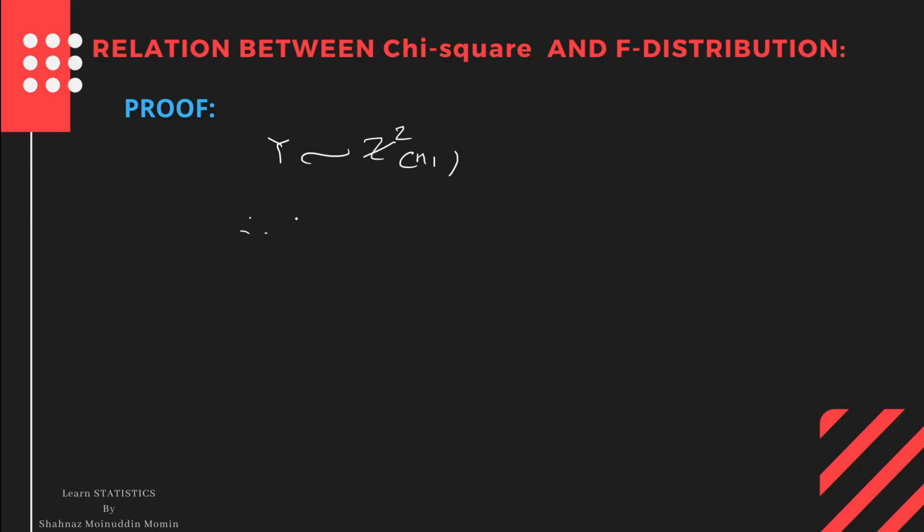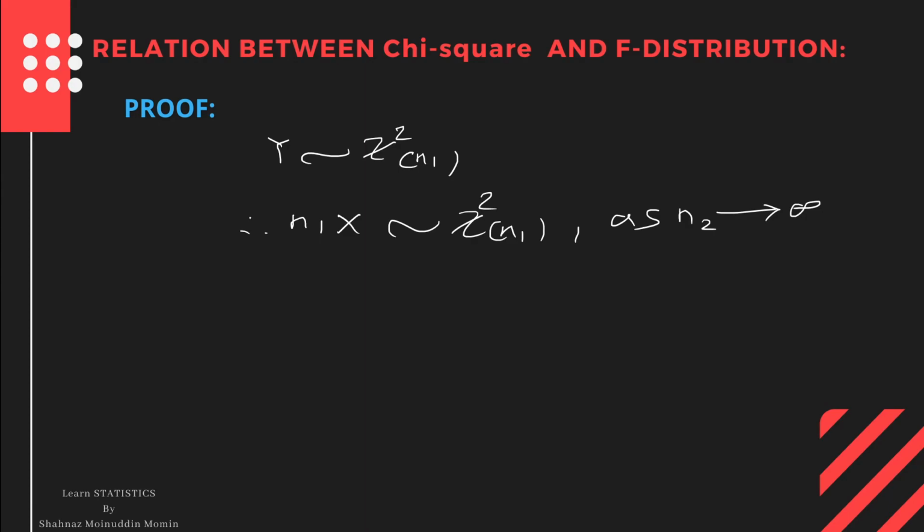Therefore, y, that is n1x, follows chi-square n1 when n2 tends to infinity. When the second degrees of freedom n2 tends to infinity, then n1x follows a chi-square with n1 degrees of freedom. This is the relation between chi-square distribution and F distribution.